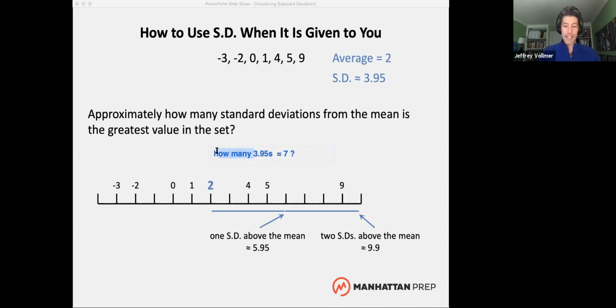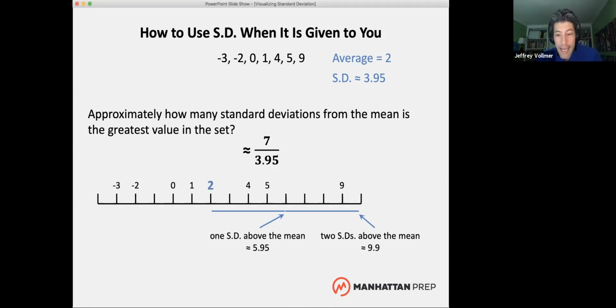Well, that's kind of like asking, 3.95, and this should be like 9 fives, X of them will get me to 7. And so to solve for X, I would just want to do 7 divided by 3.95. And that's close to 7/4, which is 1.75.